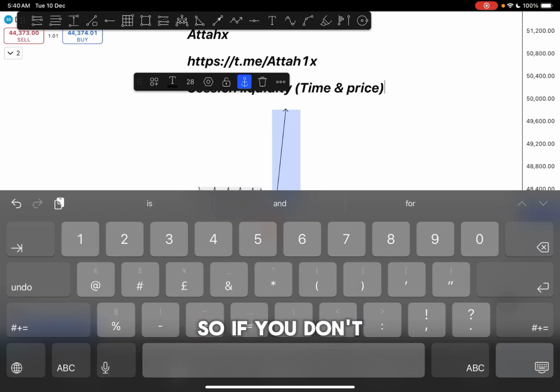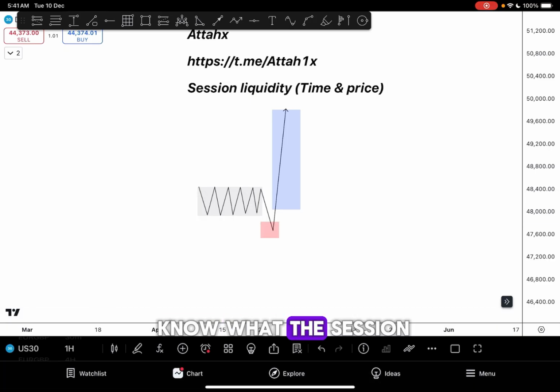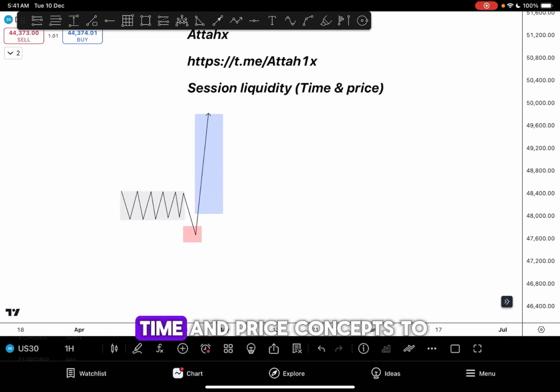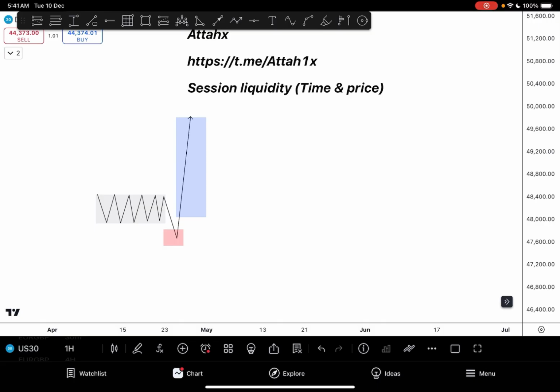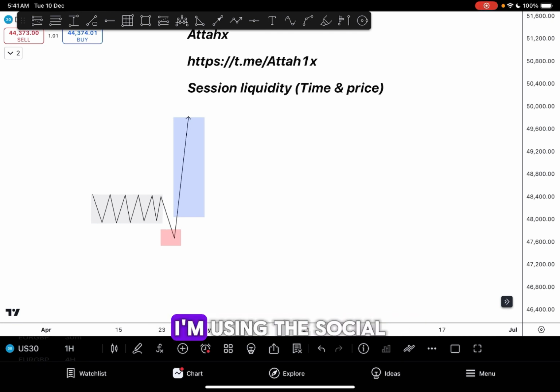All right, so if you don't know what the session liquidity is, you can use the time and price concept to just understand it better, because it's probably the same. But I'm using the session liquidity because the time and price also act as a liquidity to the markets.